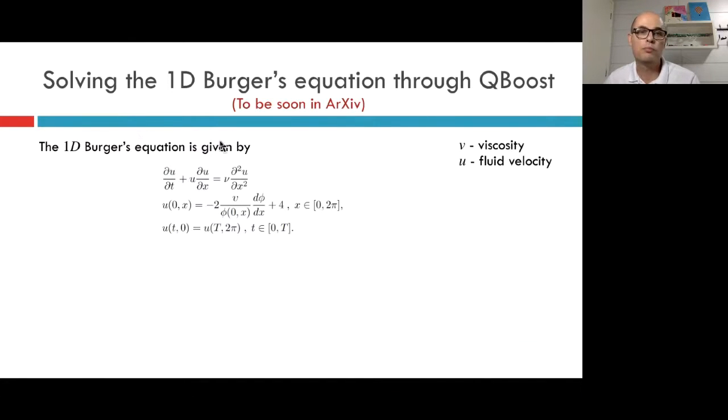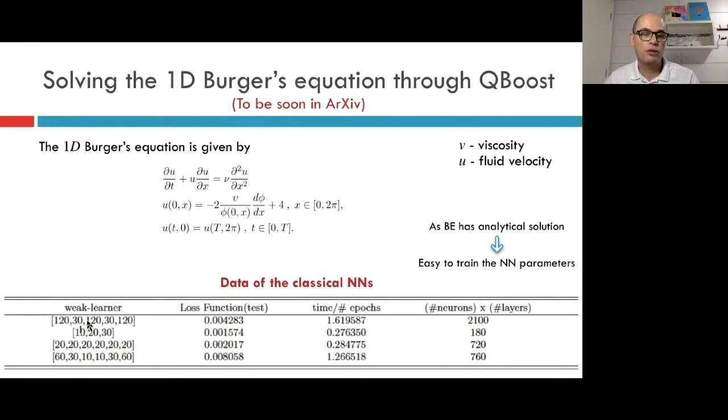So to solve the one-dimensional Burger's equation through QBoost, we will deal with this problem where V is the viscosity and U is the fluid velocity. These are boundary conditions and initial conditions. The advantage of using the Burger's equation in one dimension is that it has analytical solutions, so it's very easy to get values of U to train our neural networks, and the values we have used to train our classical neural networks are these values.